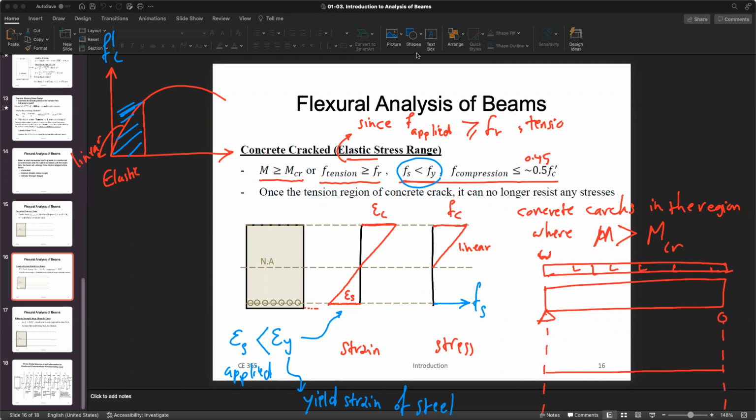So if we want to show the moment diagram, it would be like this, right? The moment diagram would be like this for a simply supported beam with distributed load, all right?